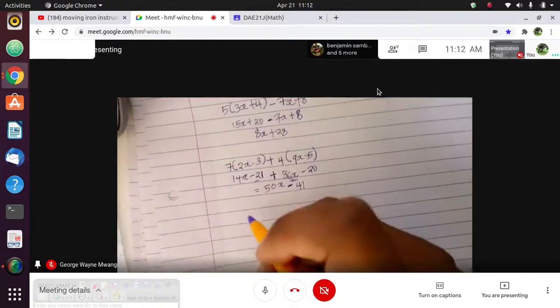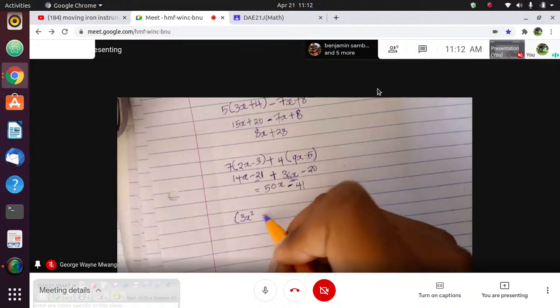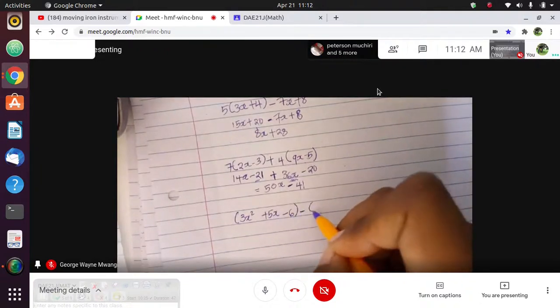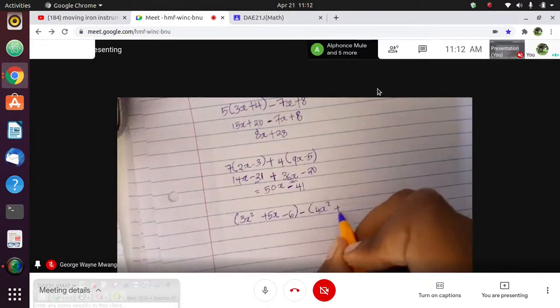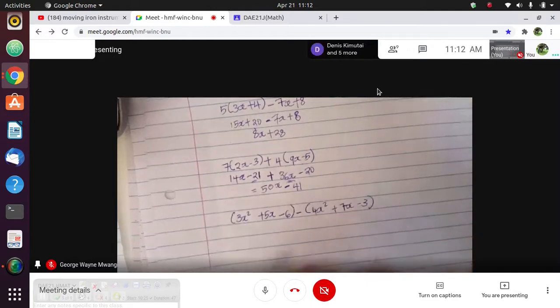Tuendelee tu. Let us simplify this expression. 3x squared plus 5x minus 6 minus 4x squared plus 7x minus 3. We have been given that and you have been told to simplify.